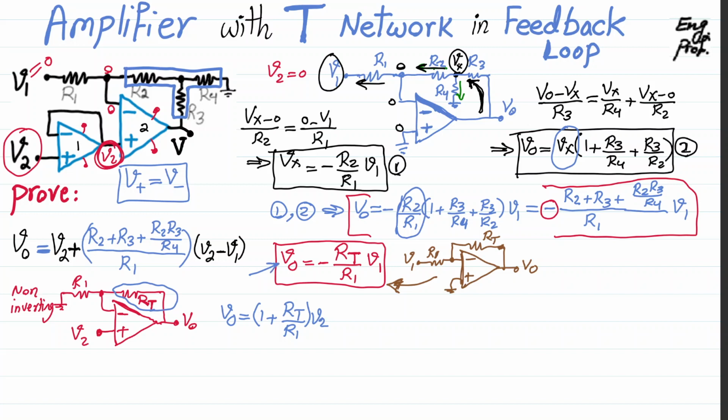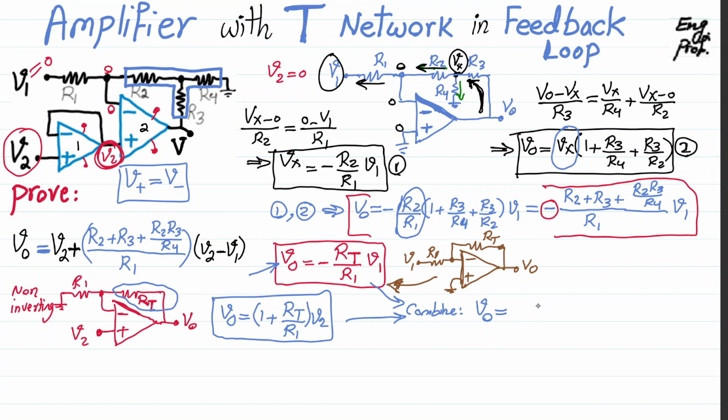For the other way around, I get this. When I combine them, I get Vout equal to negative RT over R1 V1 plus RT over R1 V2.